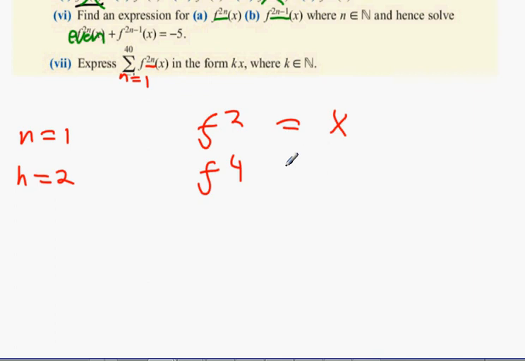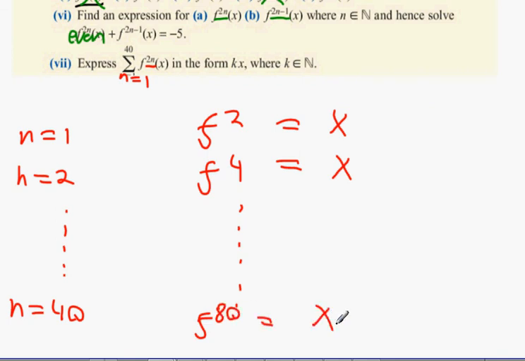Do you understand? We're going to keep going down, and eventually we're going to end up at n equals 40. n equals 40 gets us f80, which is also x. How many of them do we have in total? 40 of them. 40 x's added together. 40x is the answer.